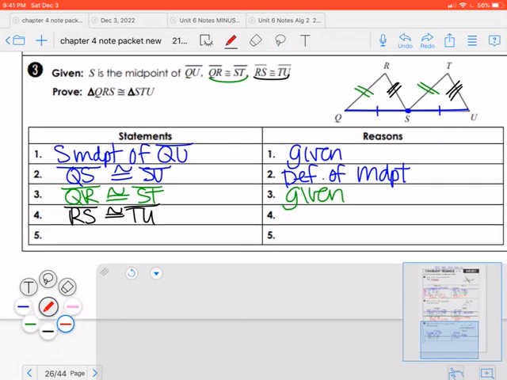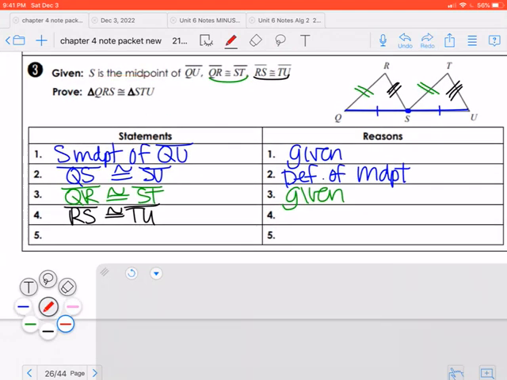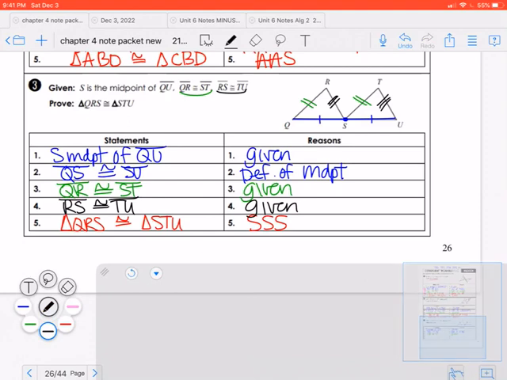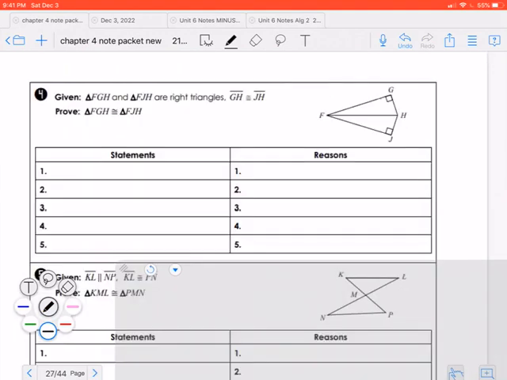So we can now write that they're congruent. Triangle QRS is congruent to triangle STU by SSS. And I forgot to write given for number 4 there. Side, side, side. Very good. Pause the video and try number 4, please.